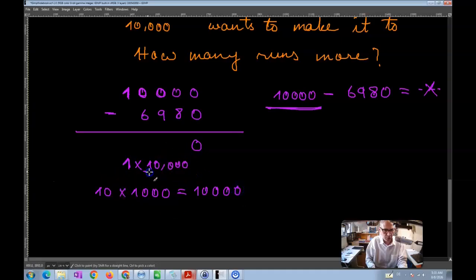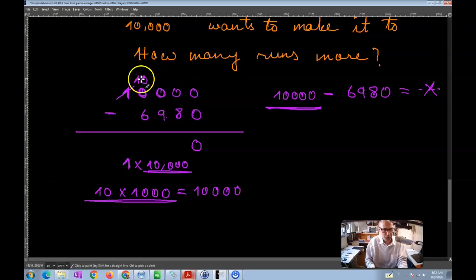So I will break up this group of 10,000, and I will get 10 groups of 1,000. The thousands place value would be, this is 1, 10, 100, and 1,000. So now I will break this up, and I have 10 groups of thousands, right?